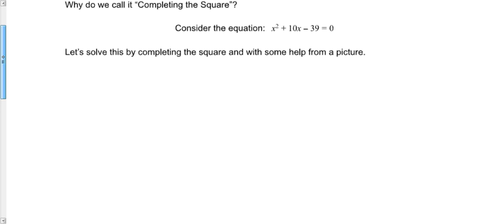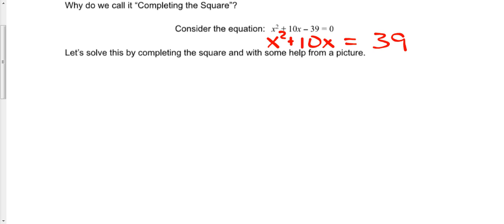So let's consider this equation right here. x squared plus 10x minus 39 equals 0. Now, last year when we completed the square, the first thing we would do is move that 39 to the other side, right? Now, if I drew a picture of this equation, it might look something like this.